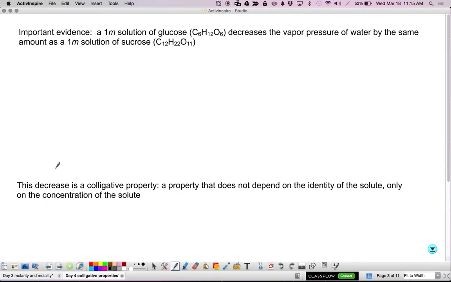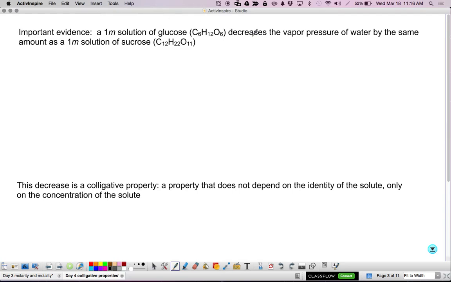So I also have another piece of important evidence here. A 1 molal solution of glucose, C6H12O6, decreases the vapor pressure of water by the same amount as a 1 molal solution of sucrose, C12H22O11.